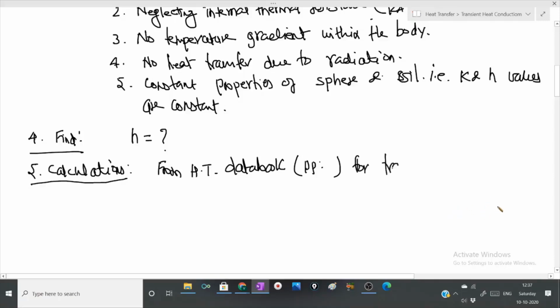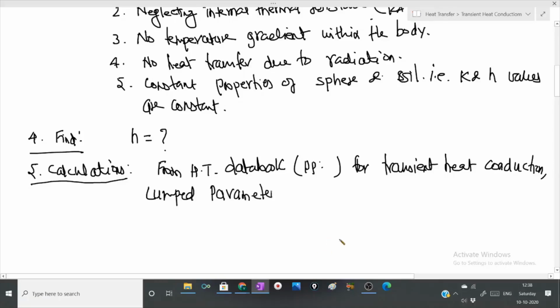For transient heat conduction, what are we using? Lumped parameter method.